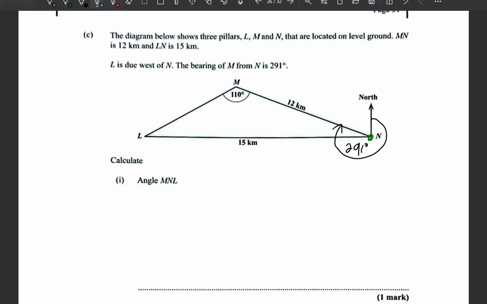If we know that this here is 90, we could then take this angle here and minus 270 from it, because we know that this point to this point is 270. Therefore, this here would make up the rest of this 291. So 291 minus 270 is going to be 21 degrees. And so this angle on the inside here is going to be 21 degrees.